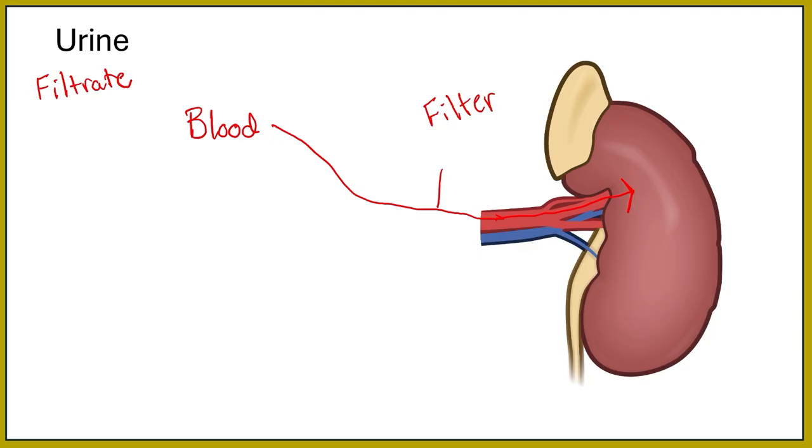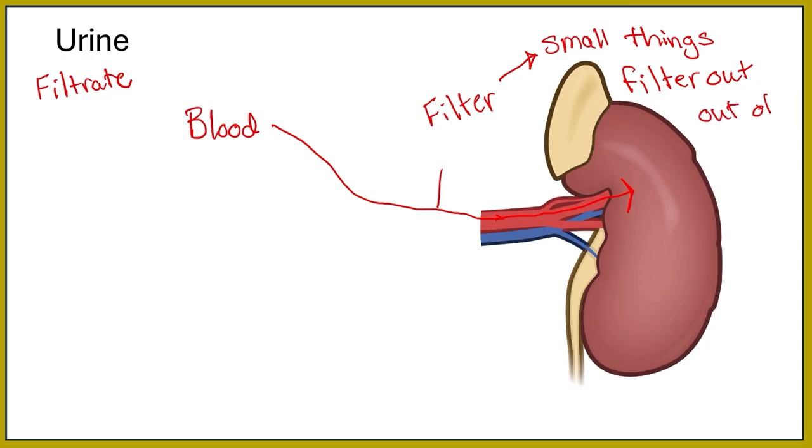So this is mostly going to allow small things to get filtered out of the blood into the urine. So that's the main thing that the kidney is initially doing.